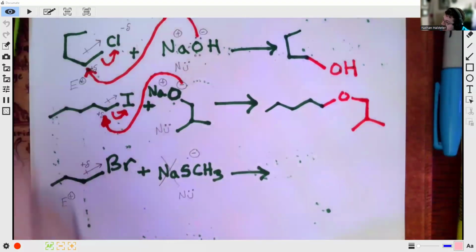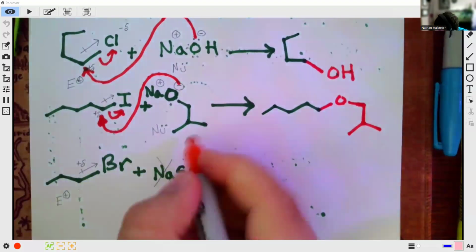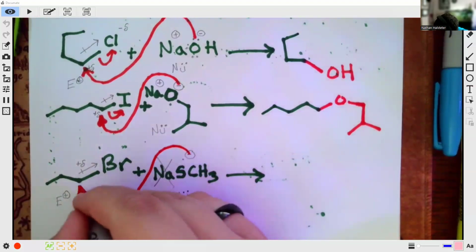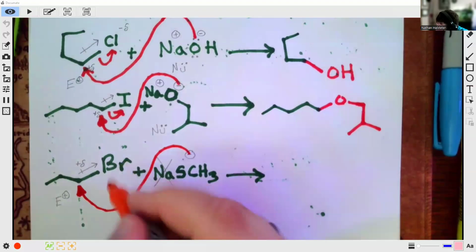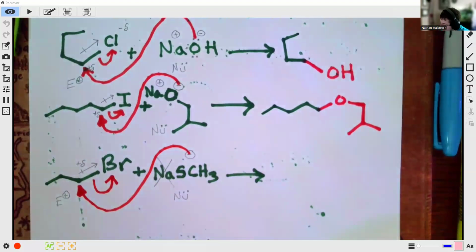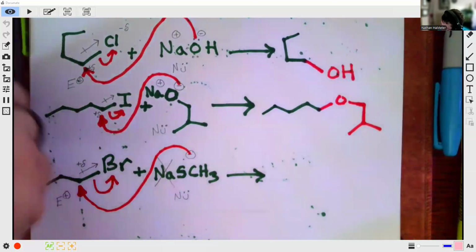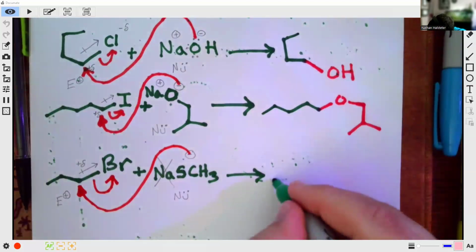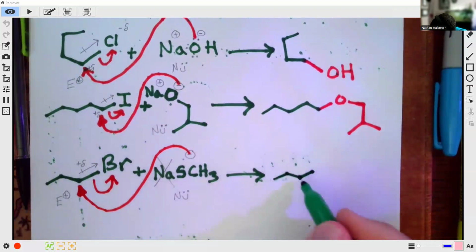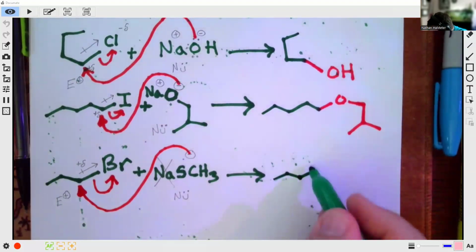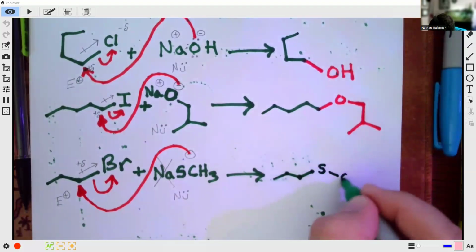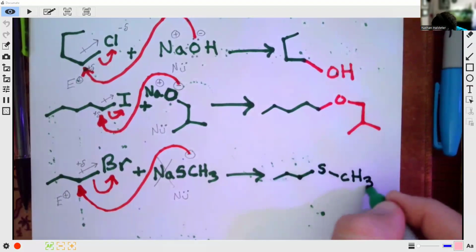We always attack from electron rich to electron deficient. We can't have 5 bonds to a carbon at a time, so we have to kick out our leaving group. So our final product would look something like this. 1, 2, 3, 1, 2, 3. We formed a new bond between the sulfur and this methyl group.